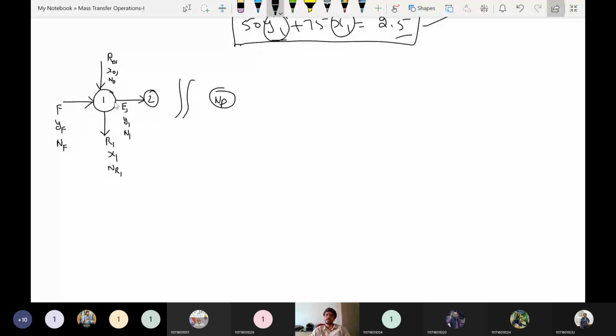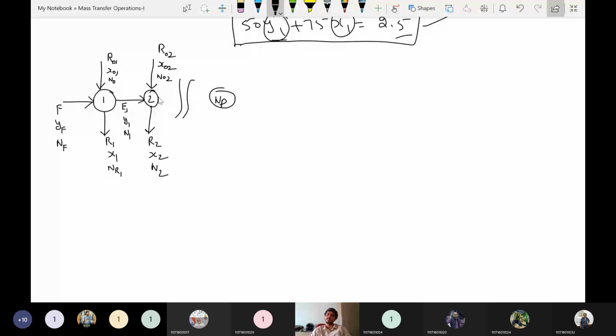Then similarly, one more fresh solvent is coming to affect this leaching operation, which we denote with R naught for the second stage. Then this is X naught on the second stage, and N naught on the second stage. Then the clear solution product is coming from stage 2, which we denote with R2, X2, then N2.